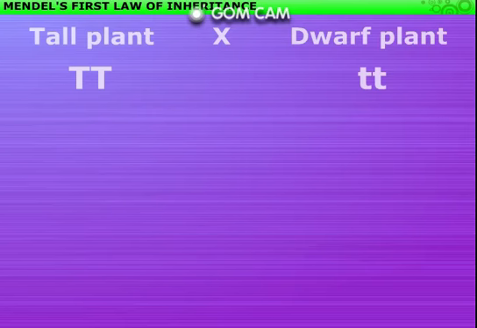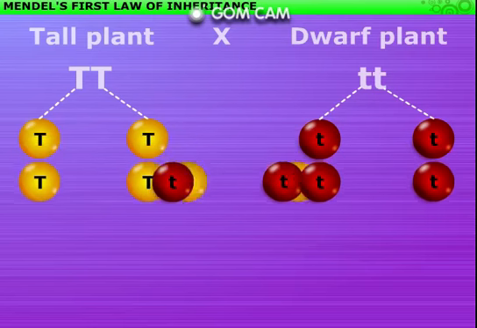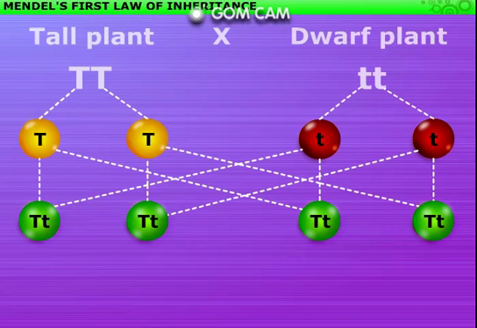The factors of inheritance of tallness, that is, the two capital T's, separate into two gametes, and the factors of inheritance of dwarfness, that is, two small t's, separate into two other gametes, as shown. The gametes of tall pea plant cross with the gametes of dwarf pea plant by the process of fertilization to form zygotes, which then produce various progeny in the F1 generation.